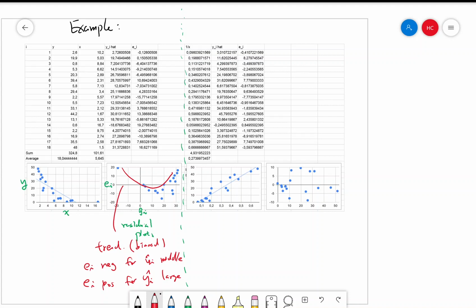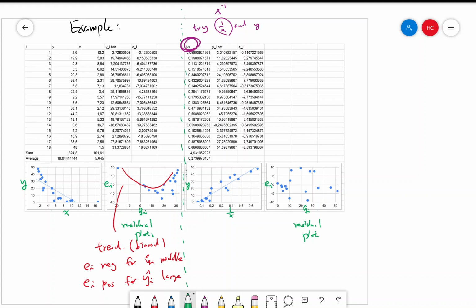So instead, we try 1 over x and y. Remember, 1 over x is technically x to the negative 1, so this is a power transformation. This new plot is the plot with 1 over x and y, and on the right is the residual plot, which is yi hat versus ei.